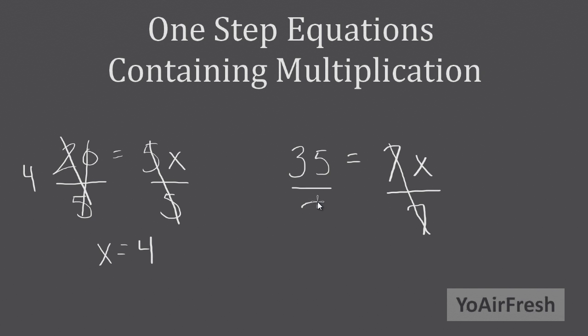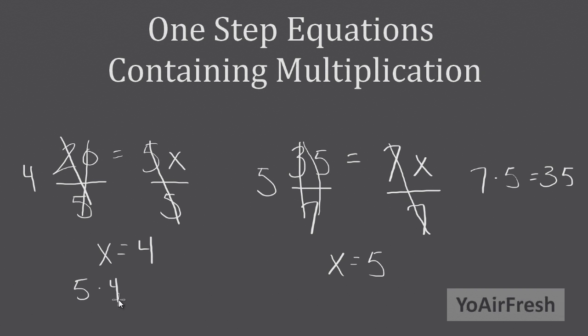Do the same thing to the other side. 35 divided by 7 equals 5. I'm sorry, I didn't even say the answer yet. X equals 5. And you can check your work on that. 7 times 5 equals 35. And on this one, 5 times 4 equals 20.